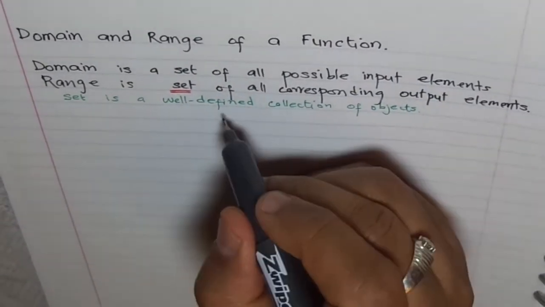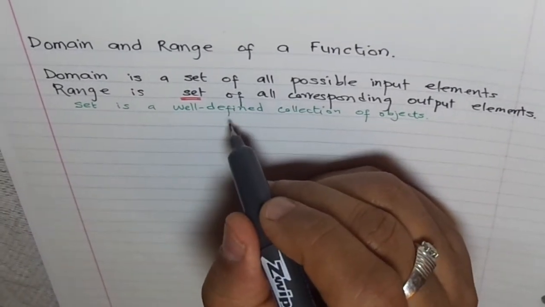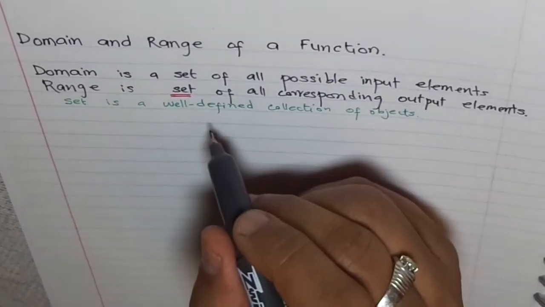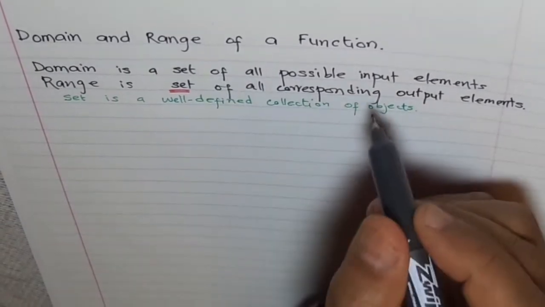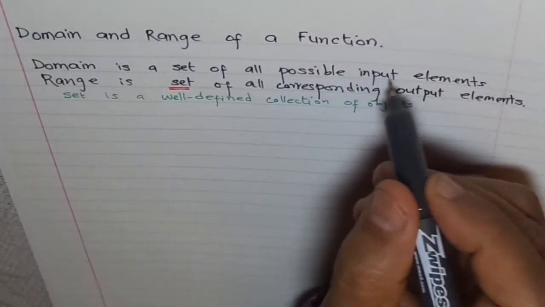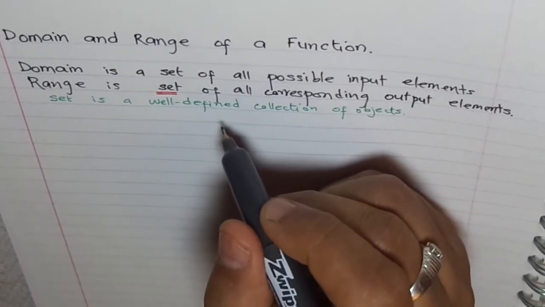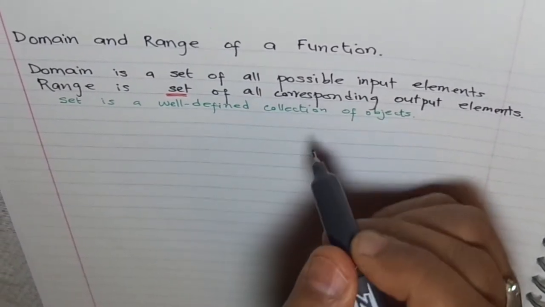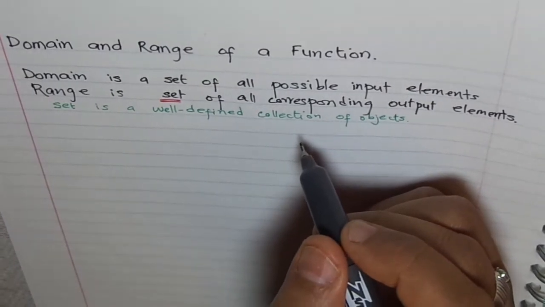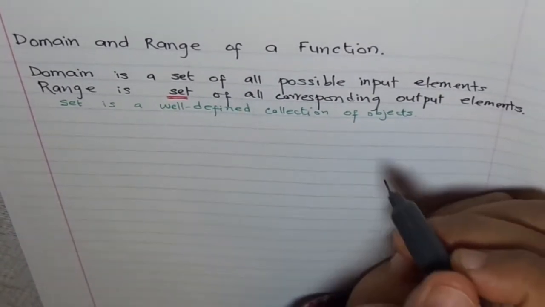Okay, well defined. Well defined sets the rule which defines which elements will be the input elements for our domain. So well defined is very important. That demarcates whether this element will be in our domain or not.